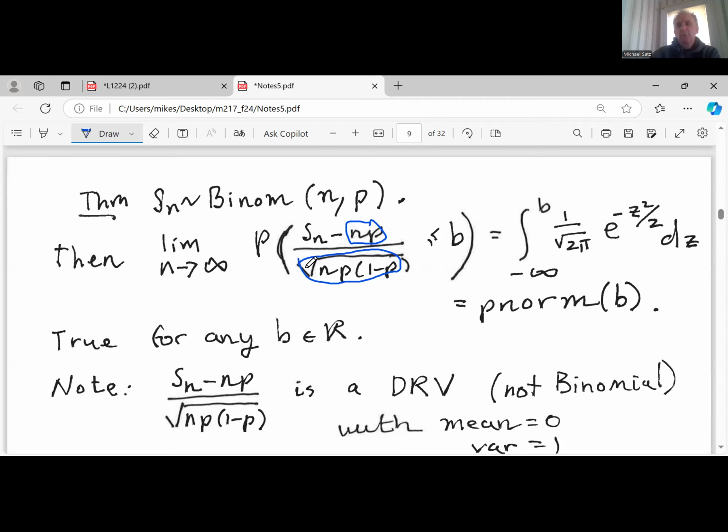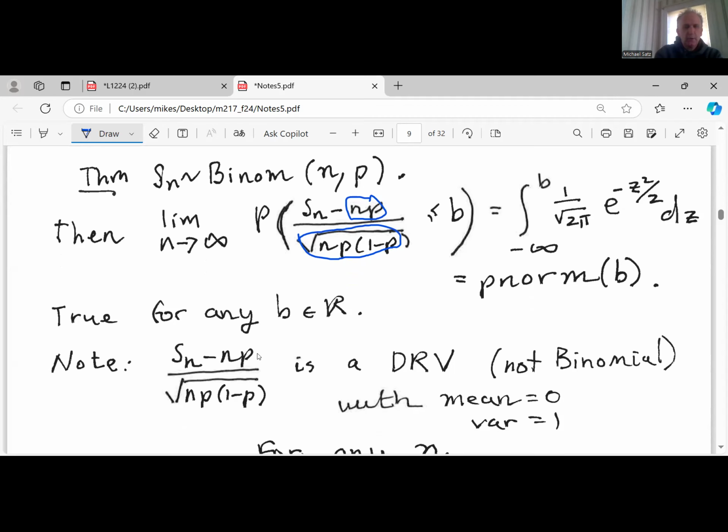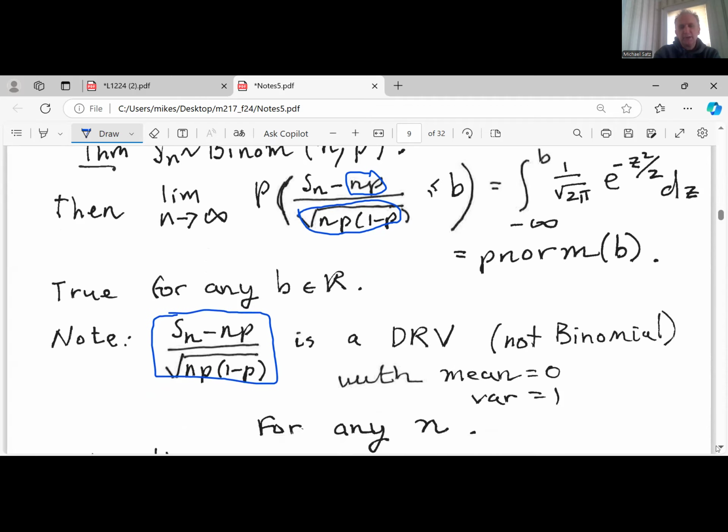But for one thing, I know that whatever this right-hand side is, what is the mean of this right-hand side? If I consider this to be a single random variable now, because Sn is just the random part, and then I subtract off np and divide by the square root of this. This is just another discrete random variable, right?